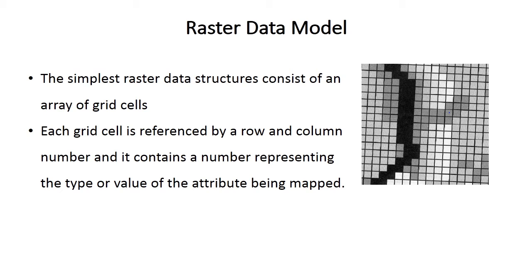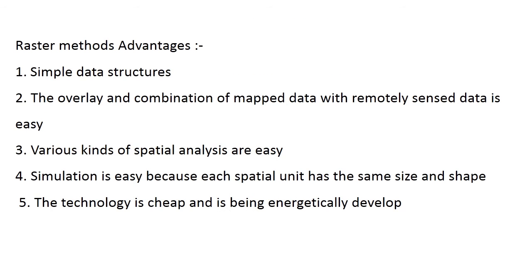In raster structure, a point is represented by a single grid cell, a line by a number of neighboring cells strung out in a given direction, and an area by the agglomerations of neighboring cells.